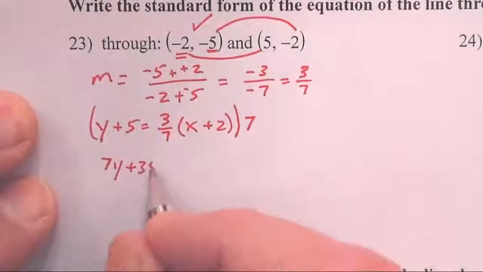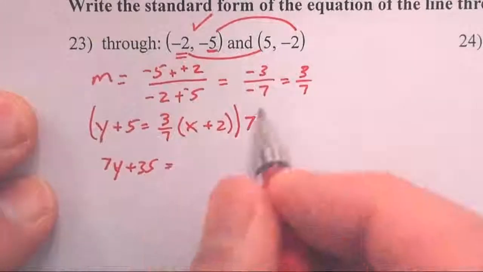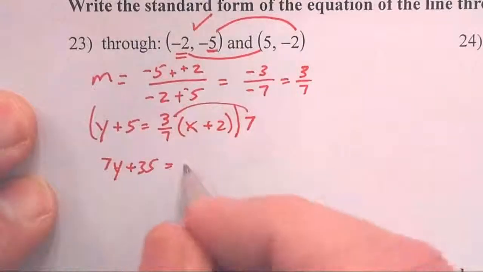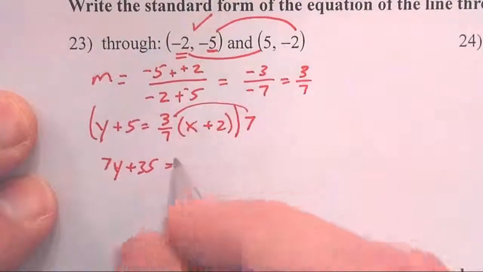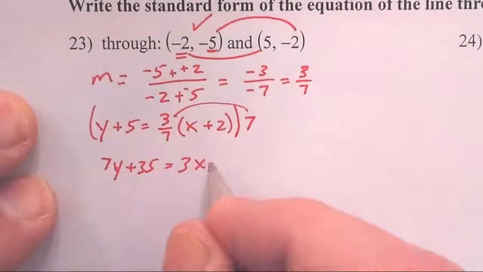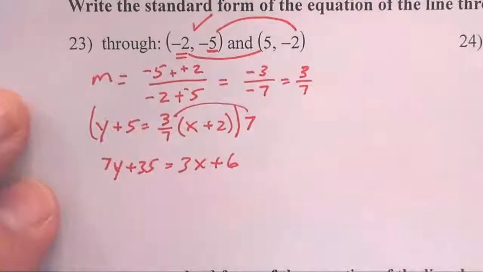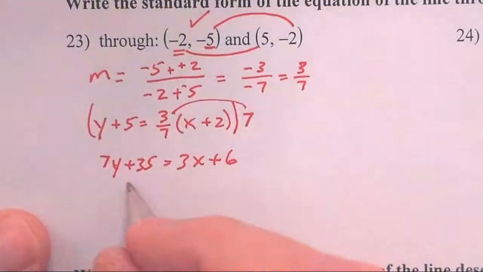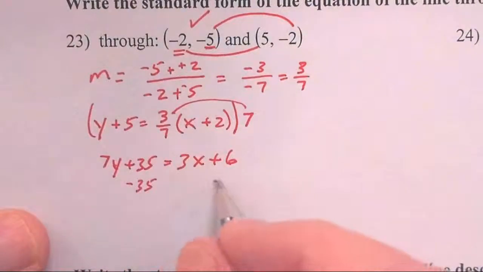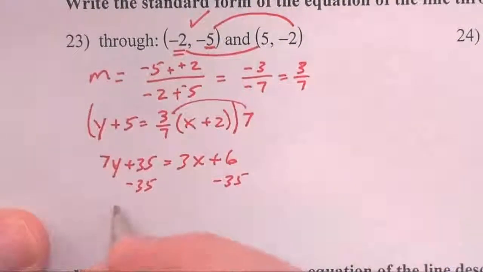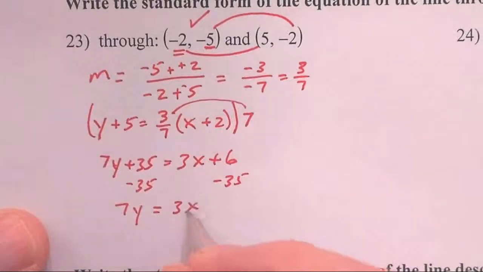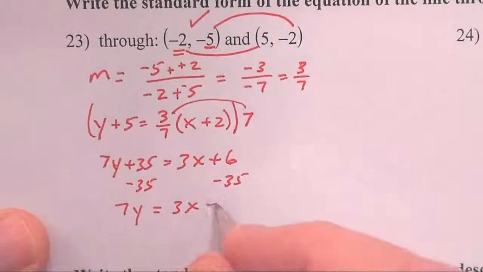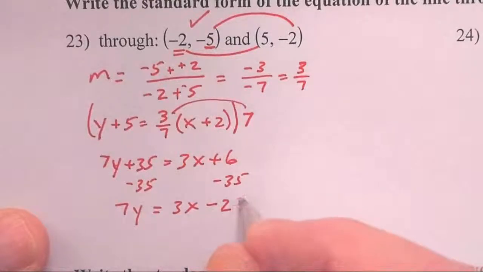7y plus 35 equals, 7's cancel, 3 times x plus 2, or 3x plus 6. I'll subtract 35. 7y equals 3x. Pluses mixed with minuses fight. The minuses win by 29.